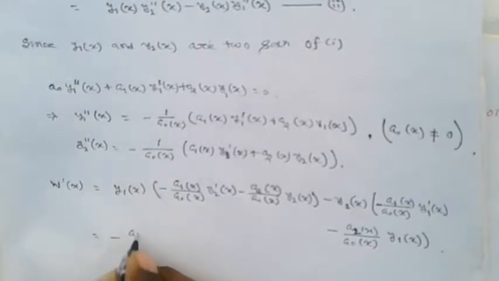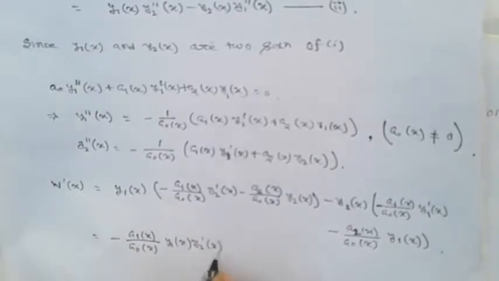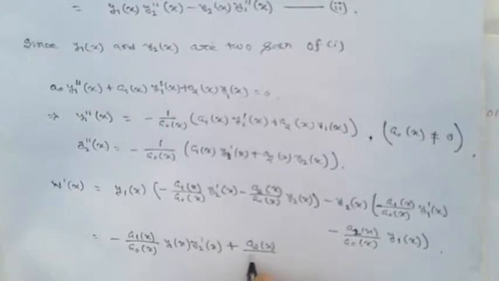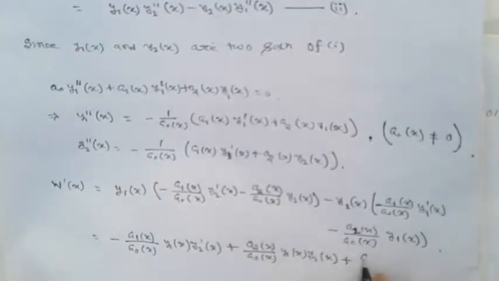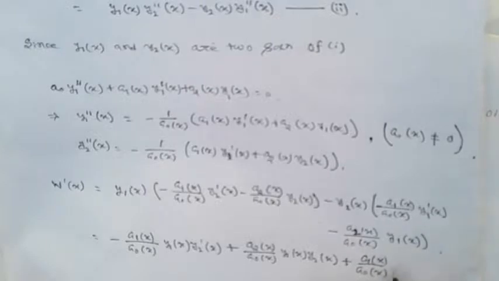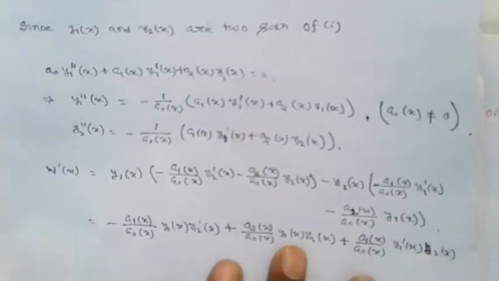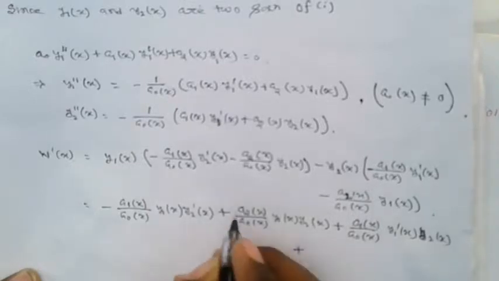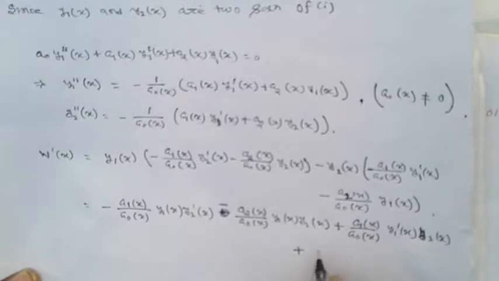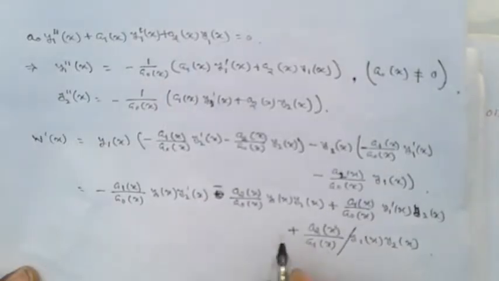So this becomes minus a1(x) by a0(x) y1(x) y2'(x) minus a2(x) by a0(x) y1(x) y2(x) plus a1(x) by a0(x) y1'(x) y2(x) plus a2(x) by a0(x) y1(x) y2(x), and these two terms cancel out.